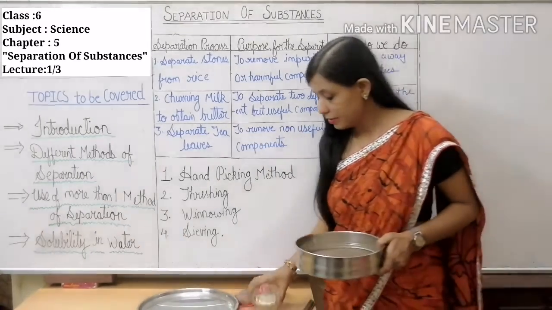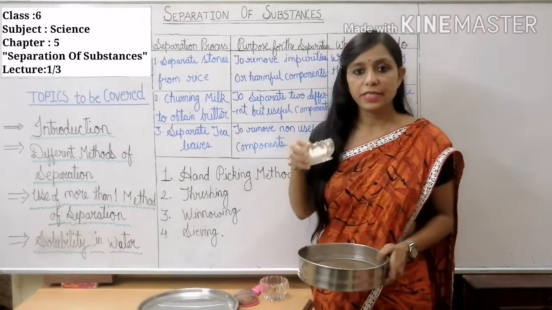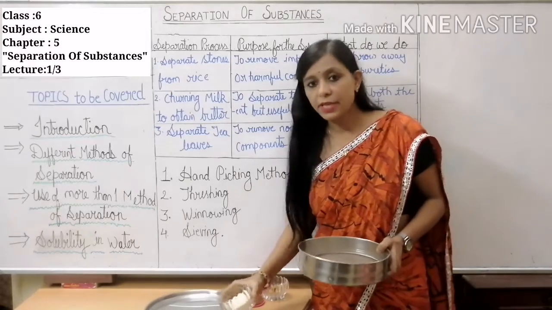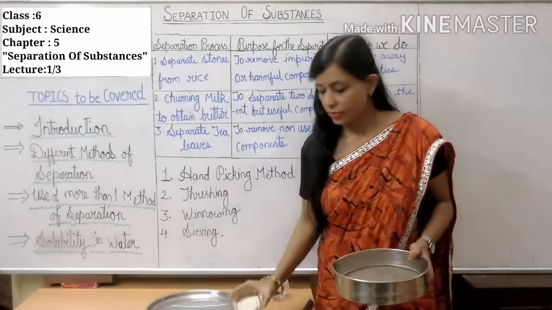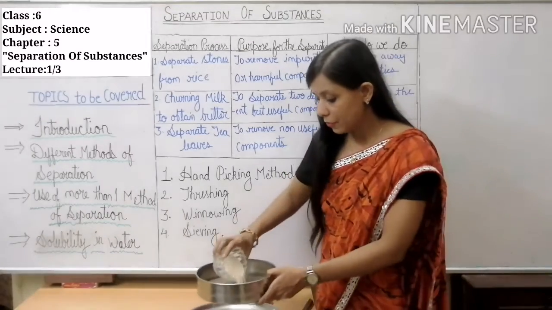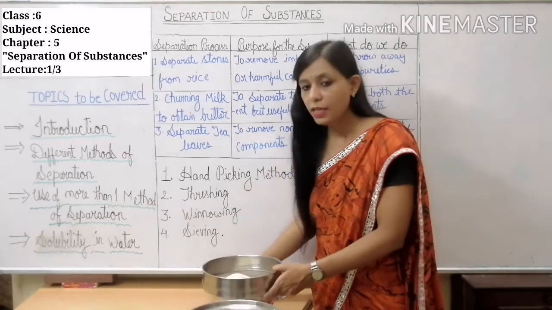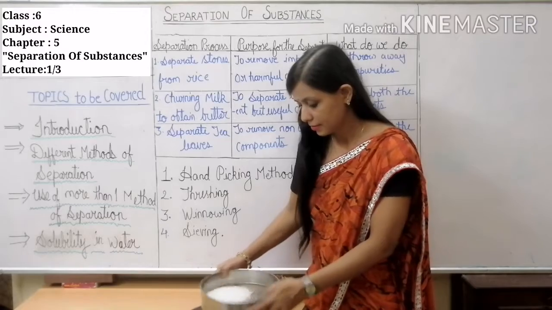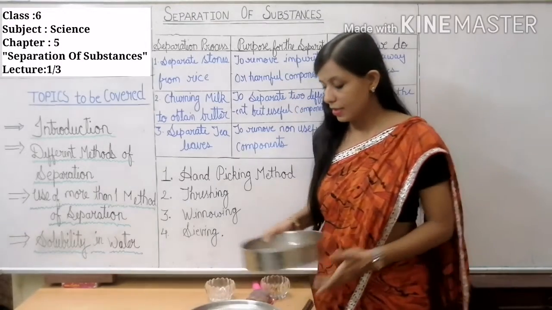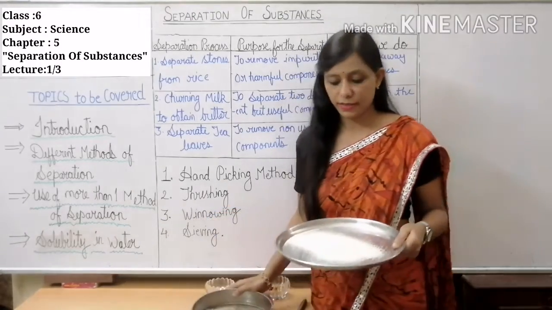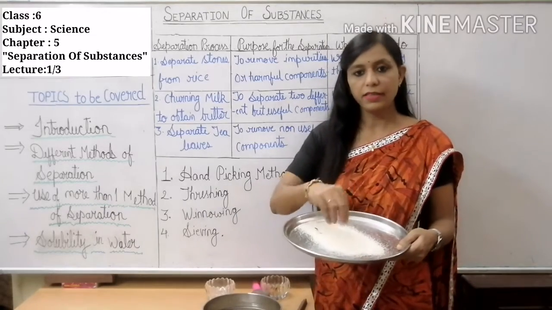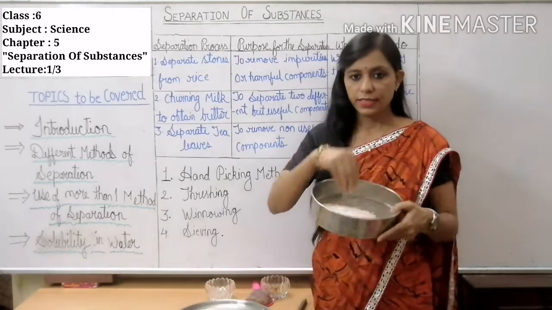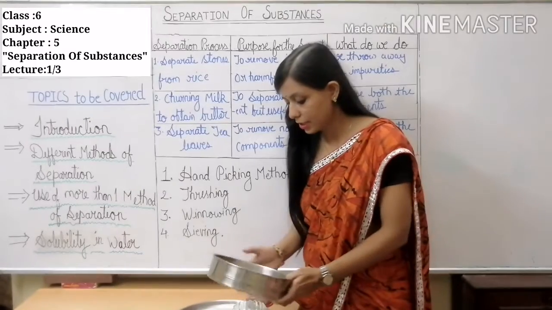Okay, I have a mixture of rava and sugar. Now I am trying to separate these components. So I am pouring this into the sieve plate. See, I have separated it. This is the rava and this is sugar particles.